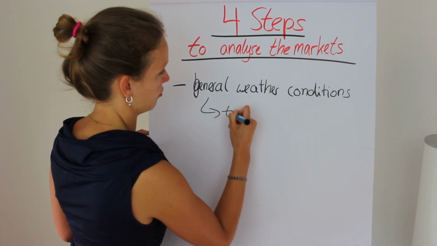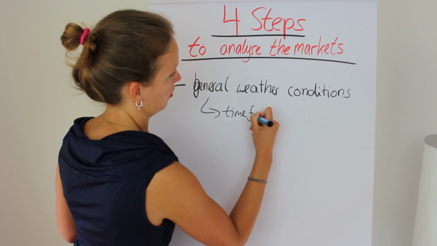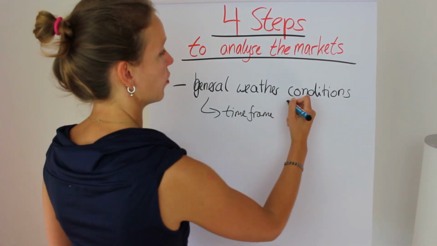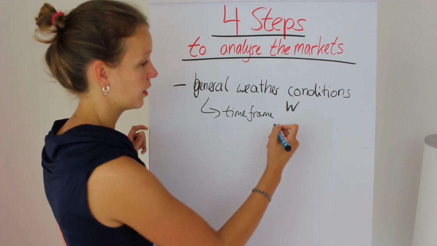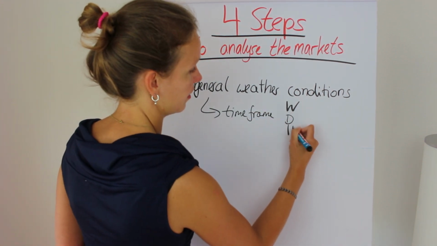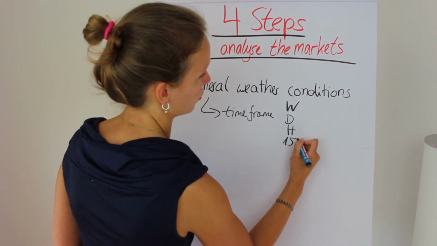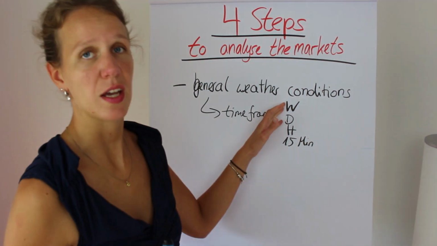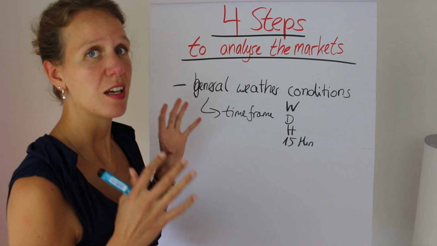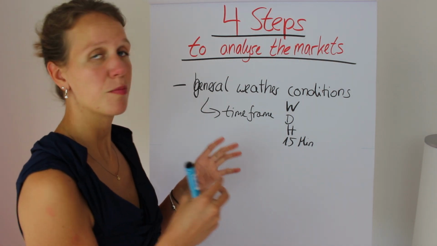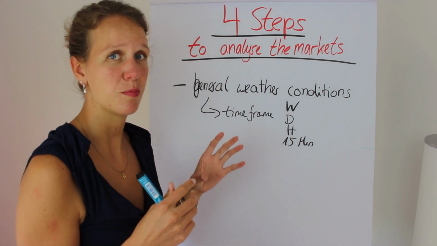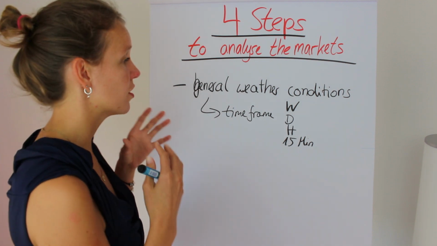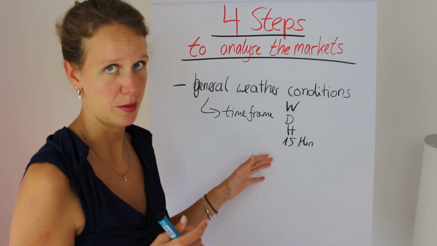I will write it down. They're really different time frames, but the most important are weekly, daily, hourly, and maybe also the 15-minute chart. At these time frames, you can take a look. It's the same chart, but you get different impressions sometimes. So it's really important to match them.